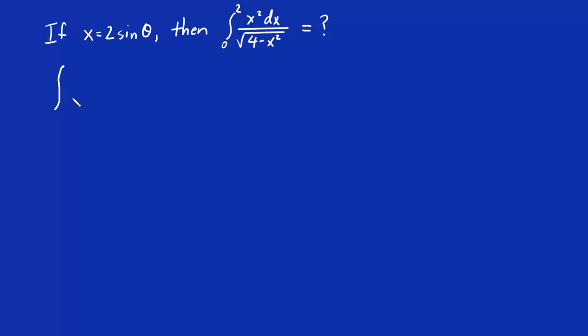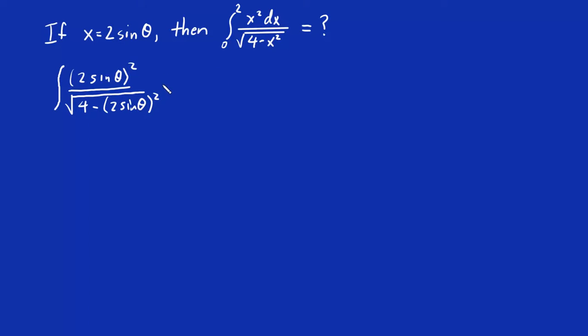So we have the integral of (2 sine theta) squared, and then we're going to put that over the square root of 4 minus (2 sine theta) squared.